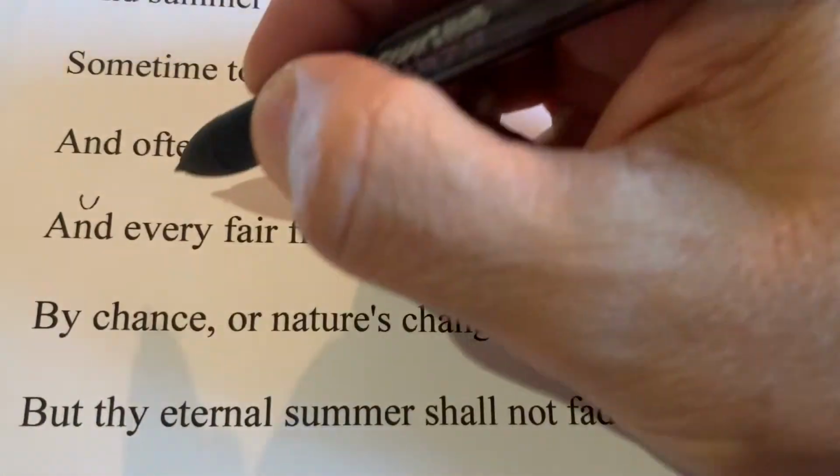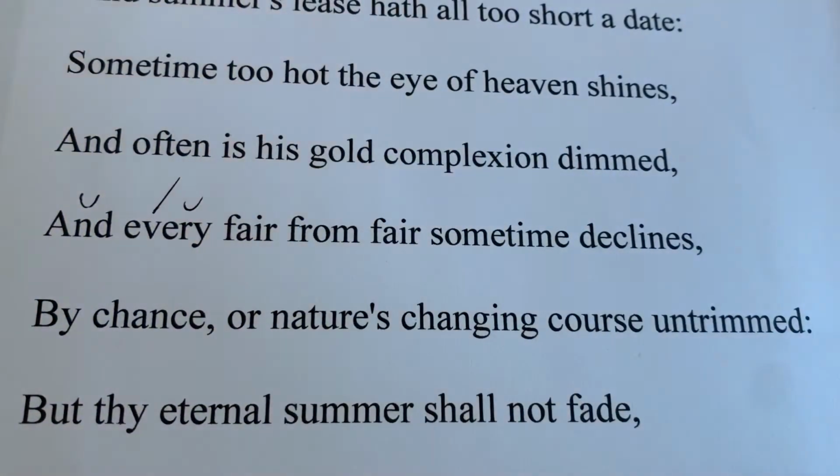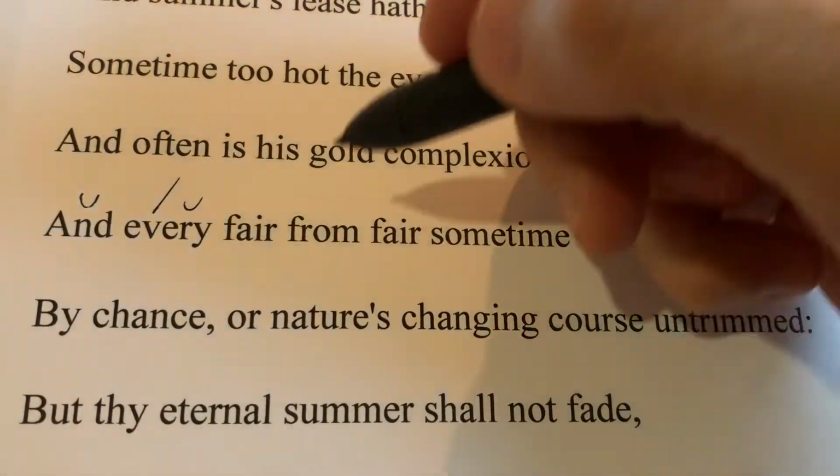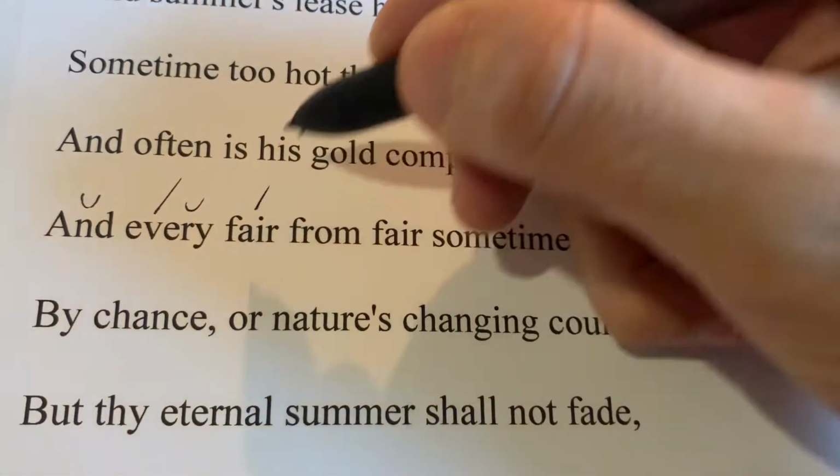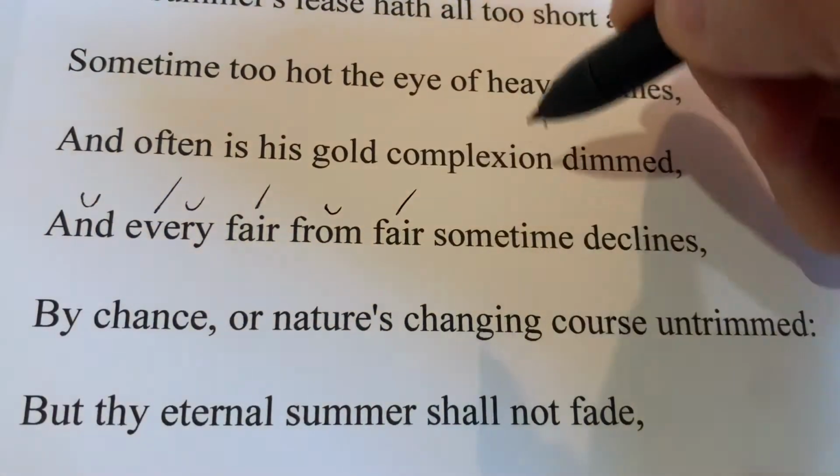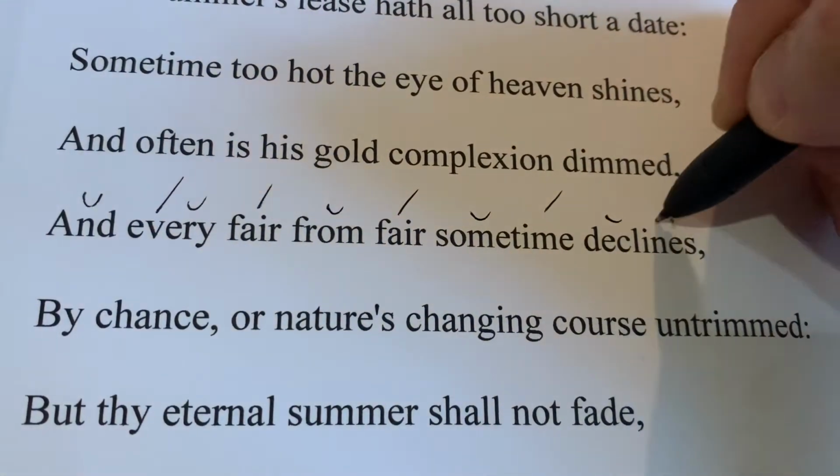When a word is put into a foot, it's placed into a relationship with another word or parts of the word that are being structured by this iambic rhythm of weak and strong. Usually, scanning will be really easy. And every, because every is strong, weak, and every fair from fair sometime declines.